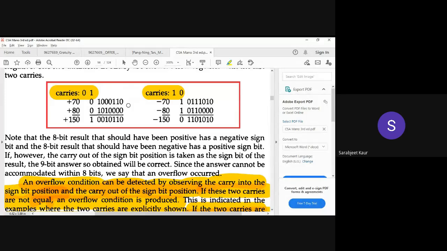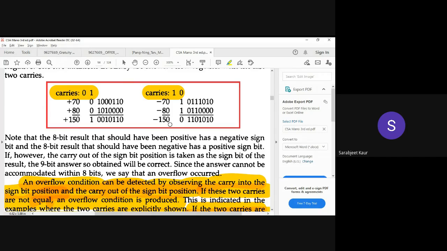So the range reduces to minus 127 to 128, right? But you can see that the answer coming here is 150. Since the maximum number that can be stored here is 127 or 128, this definitely indicates an overflow condition, right?